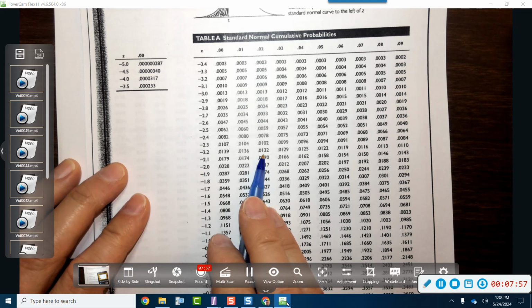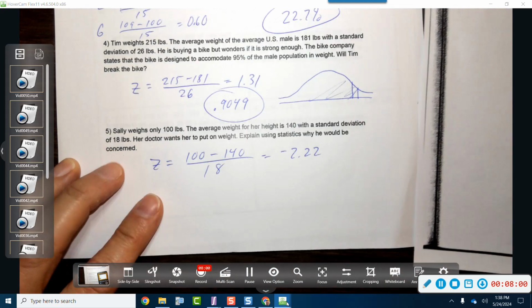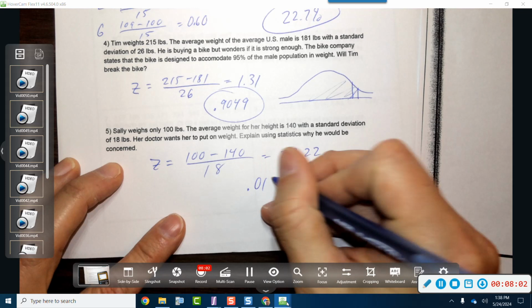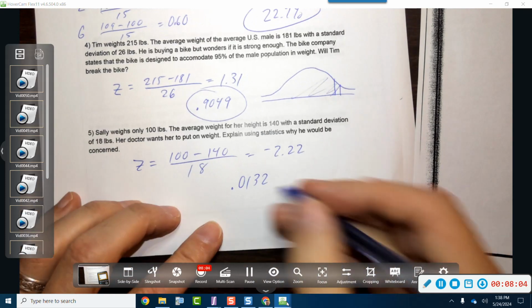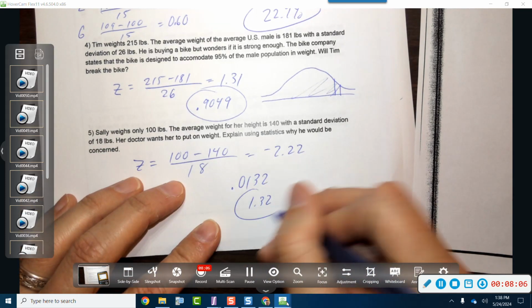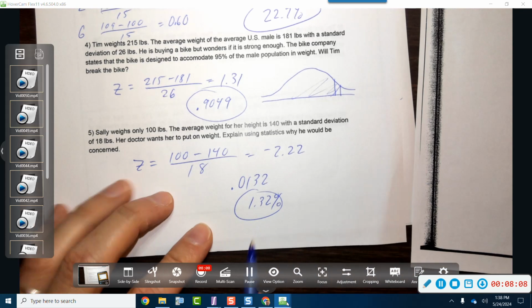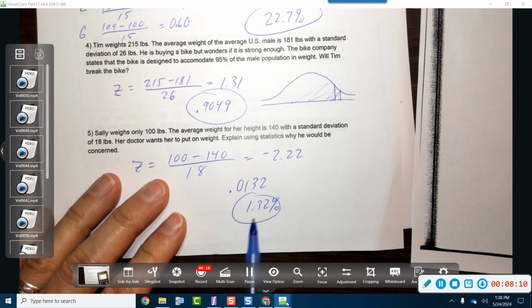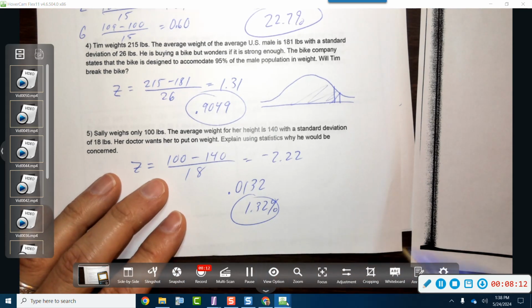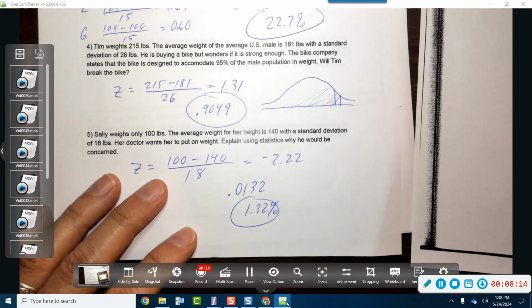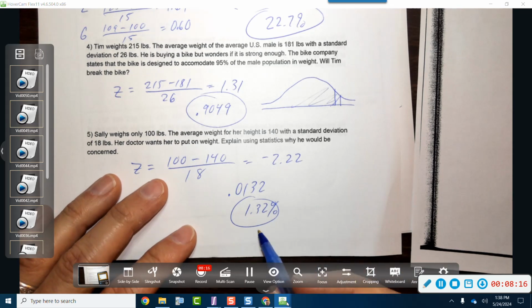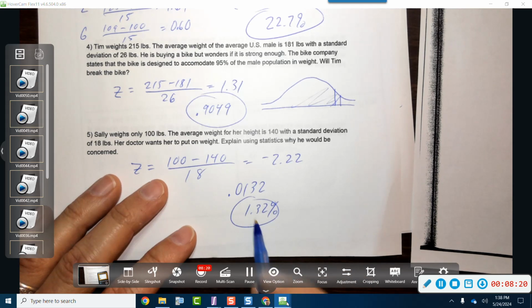She's in the bottom second. She's in the second percentile. Which means she weighs more than only about 1.32% of people. So she's way down there in the low percentiles. She is grossly underweight. So yeah, she's got to put on weight.